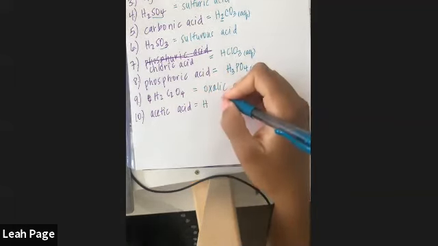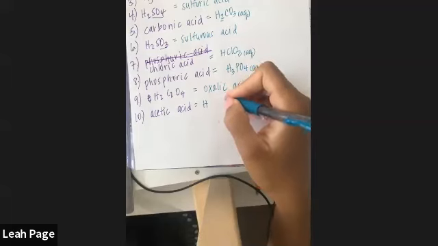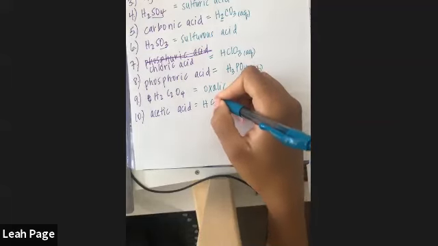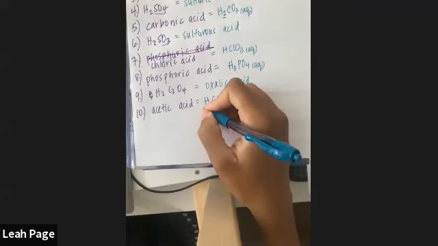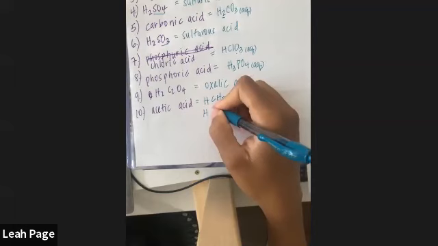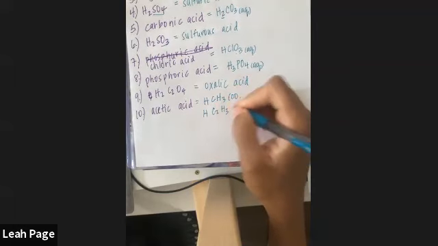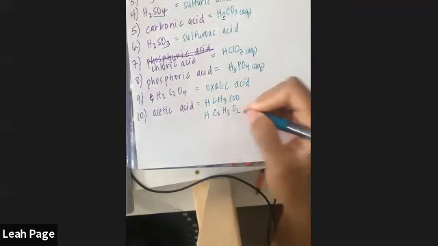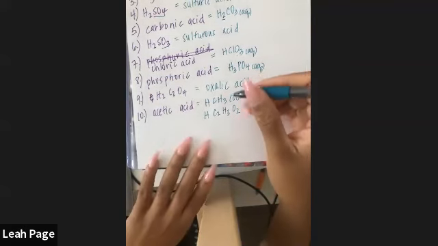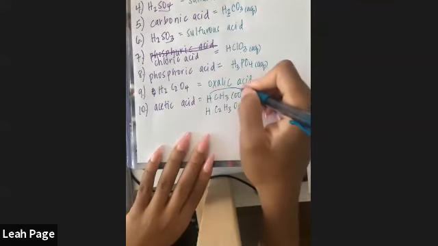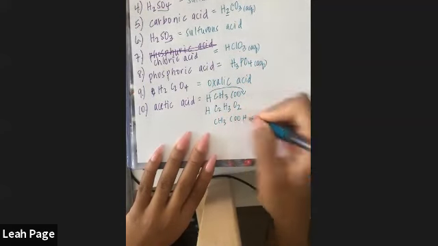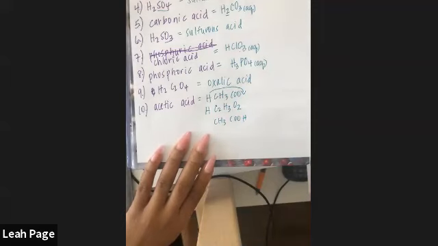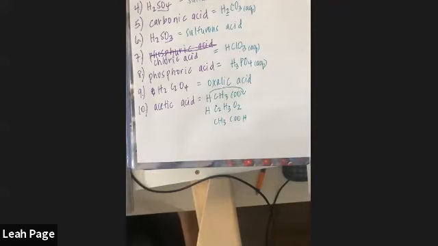And then you can say CH3COO. Or the other way you write it is H and C2H3O2. But most of the time when you see acetic acid, they put this hydrogen at the back, so it ends up being CH3COOH. Any of these ways of writing acetic acid would be fine.